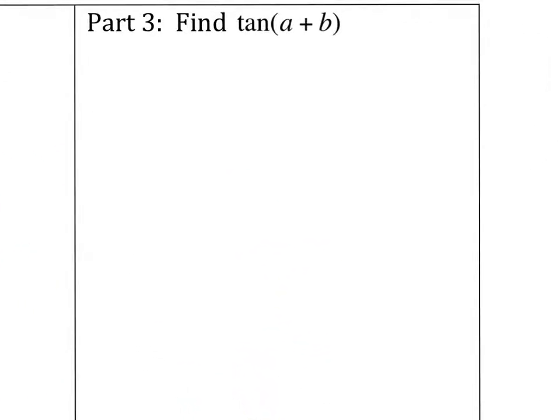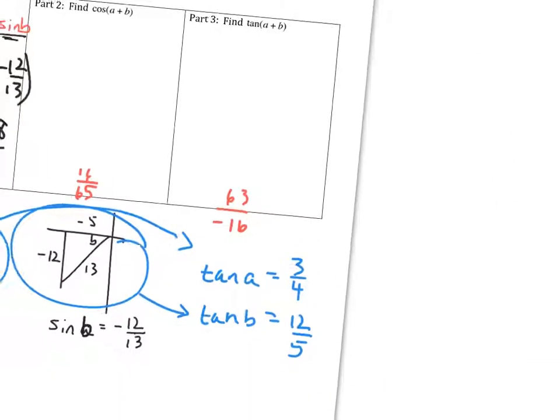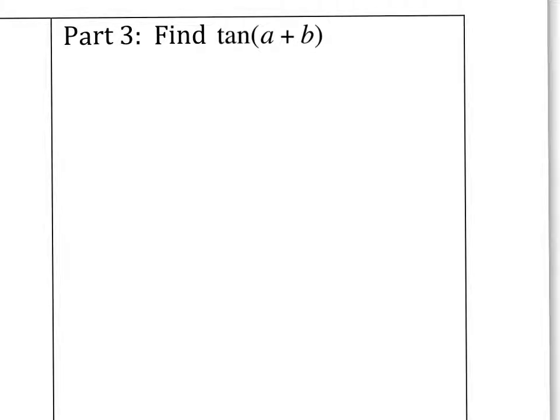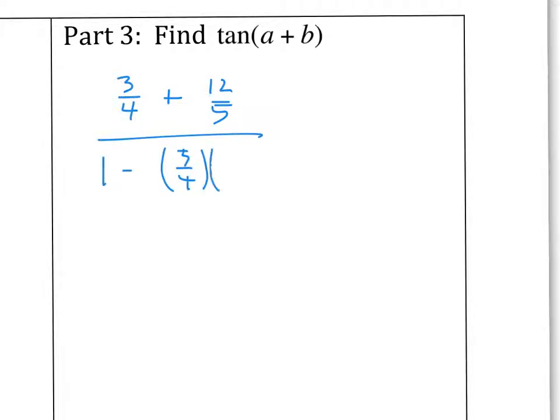All right, so we've got 3/4 and 12/5, right? So we've got 3/4 plus 12/5 over 1 minus, was it 3/4 times 12/5? Yeah.